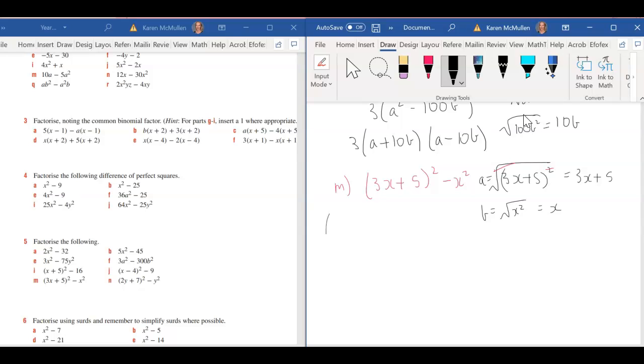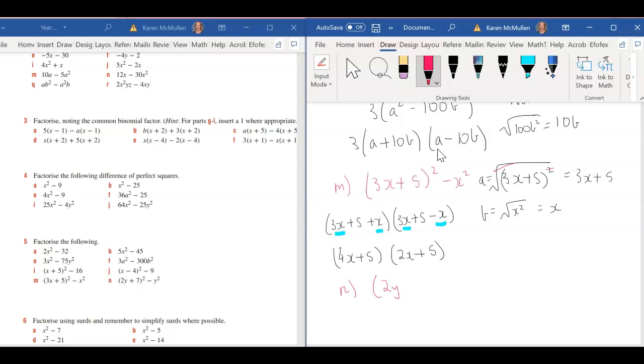Bringing that all together, we've got our a, so 3x plus 5, plus x, our b, and then our a again, 3x plus 5, then minus b, so minus x. You can see we've got some like terms here: a 3x and an x, 3x and a minus x. So we're going to have (4x plus 5)(2x plus 5). All right, let's do another one like that. Let's do n.